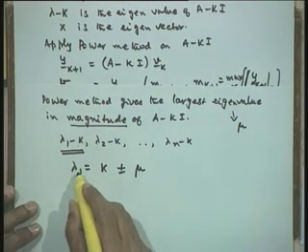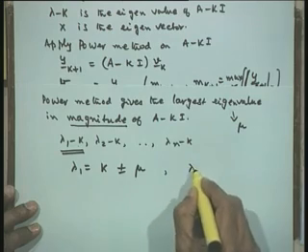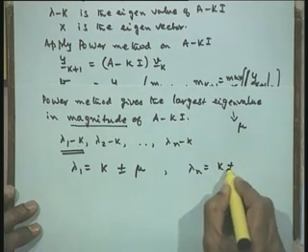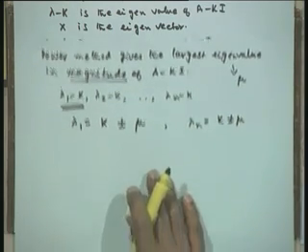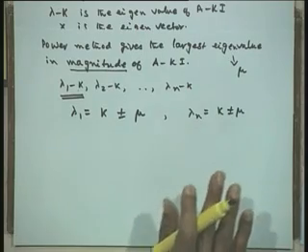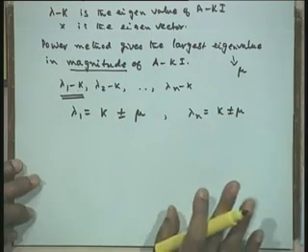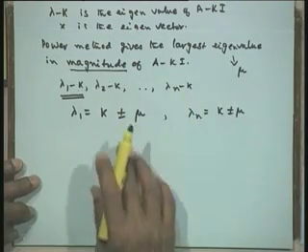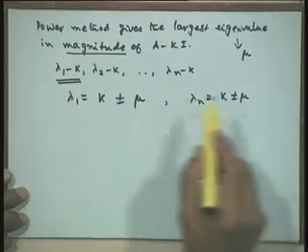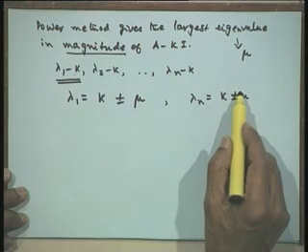Or we can also have this as k plus minus mu. Now, why I had written only these two is that it has been shown that regardless of the value that we take for k here, this power method would converge either to the largest eigenvalue or to the smallest eigenvalue only.